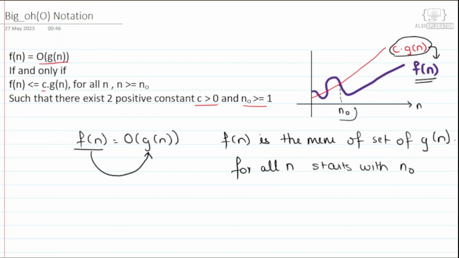This is the n naught. From this point, the curve c into g of n starts growing above f of n.